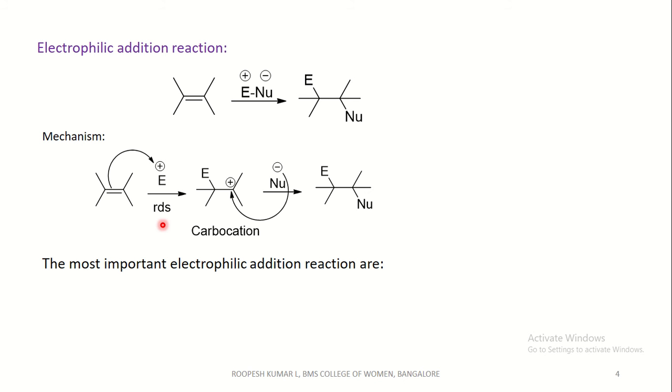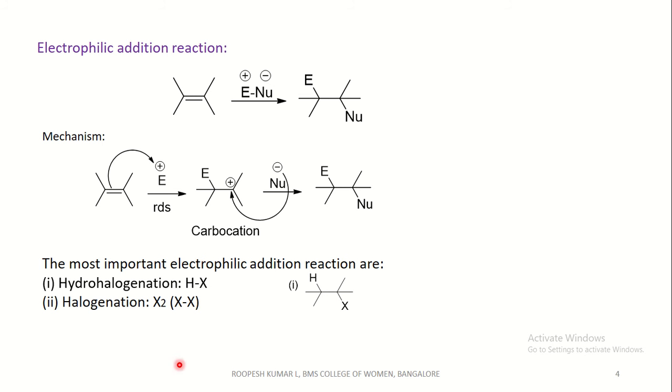The most important electrophilic addition reactions are hydrohalogenation, that is addition of HX. To be simple, addition of HCl or HBr across a double bond. The product will be this one. Next is halogenation, that is addition of X2, to be simple, chlorine or bromine across a double bond, and this is the product you will get after halogenation.